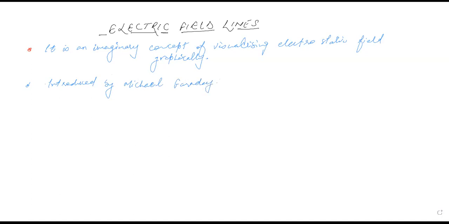Okay. Now, what are the properties of the electric field lines? The properties of the electric field lines are, first of all, EFL, in the sense electric field lines. It is the short form of electric field lines.